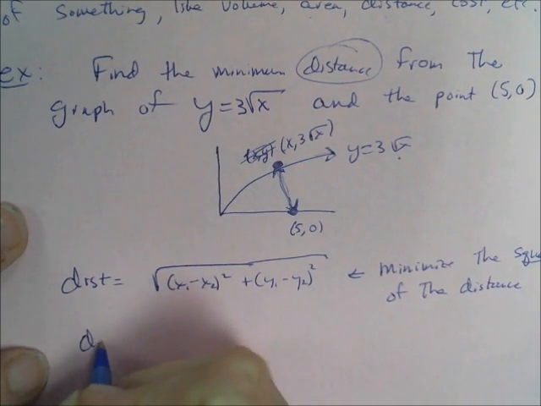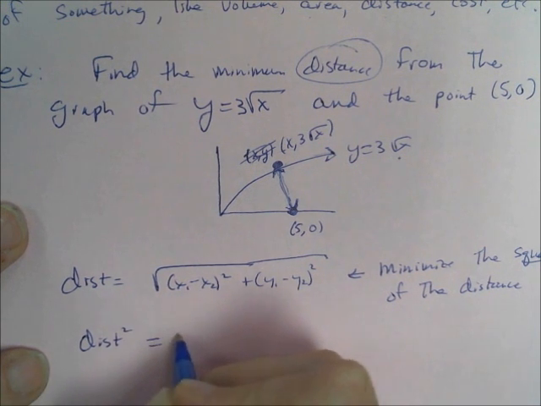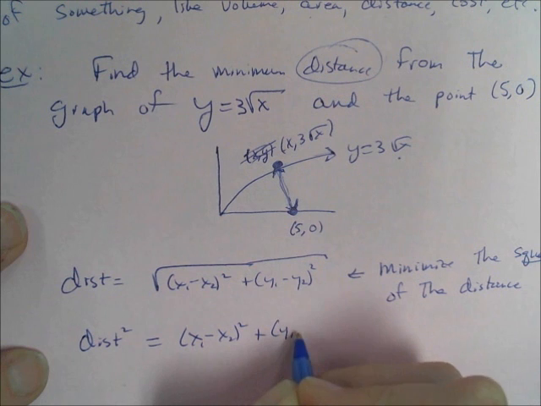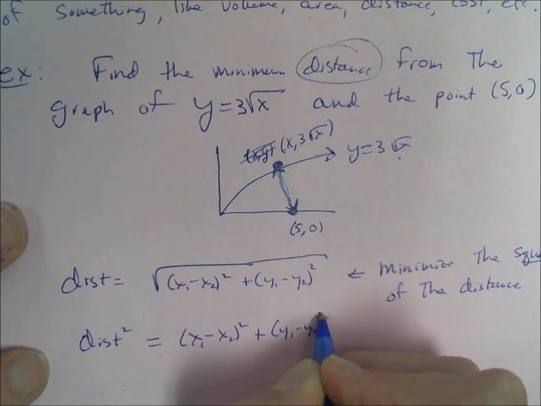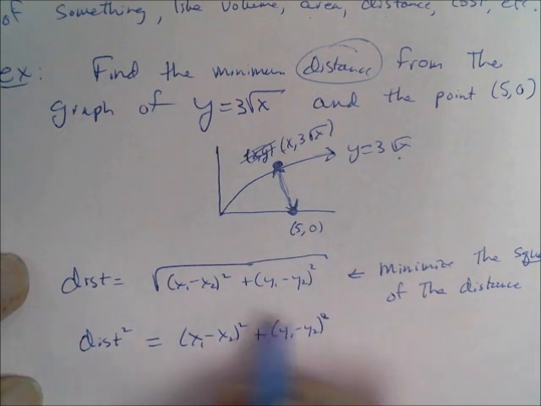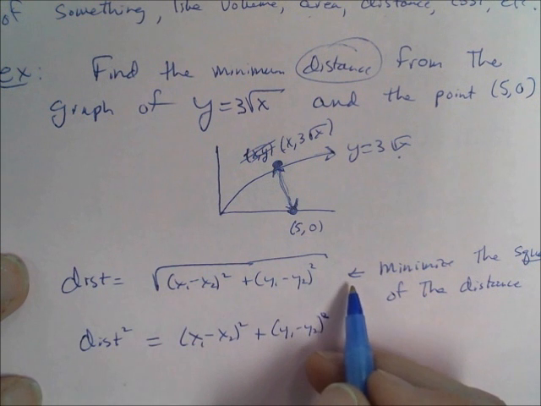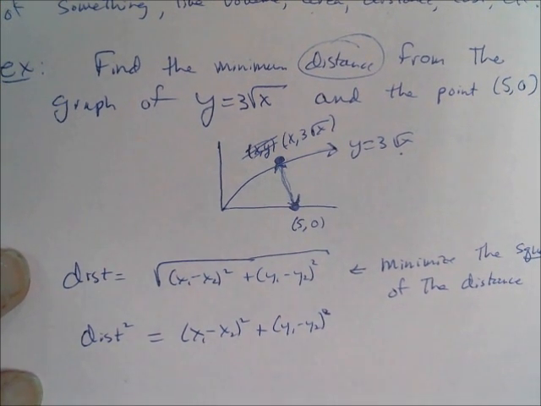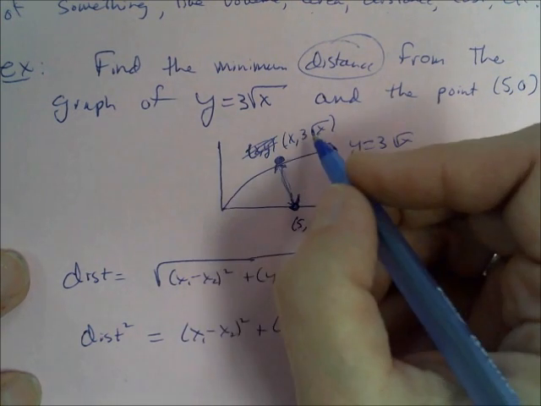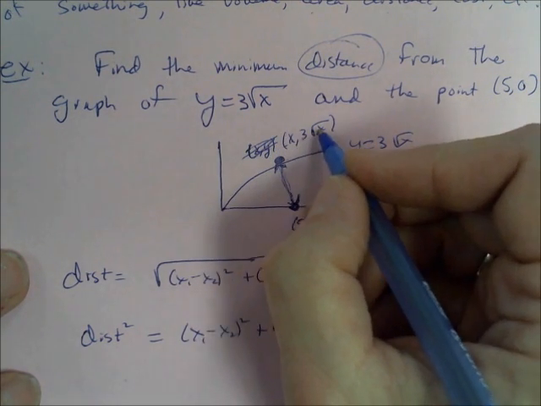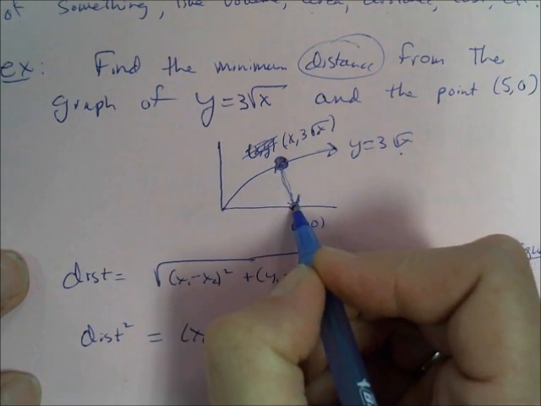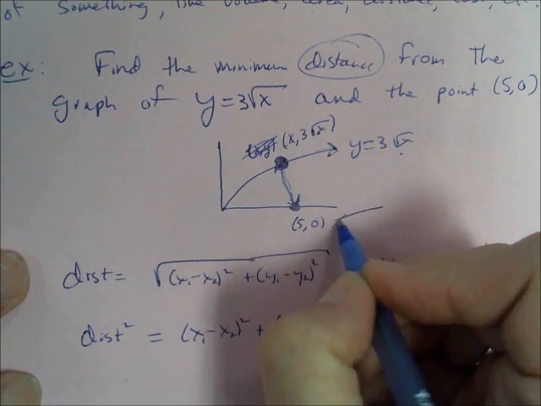So the distance squared is just (x1 minus x2) squared plus (y1 minus y2) squared. And if we minimize this, then we've minimized the distance, and this is going to be a much easier derivative to take. So we have an (x1, y1) in this point, and we have an (x2, y2) in this point.